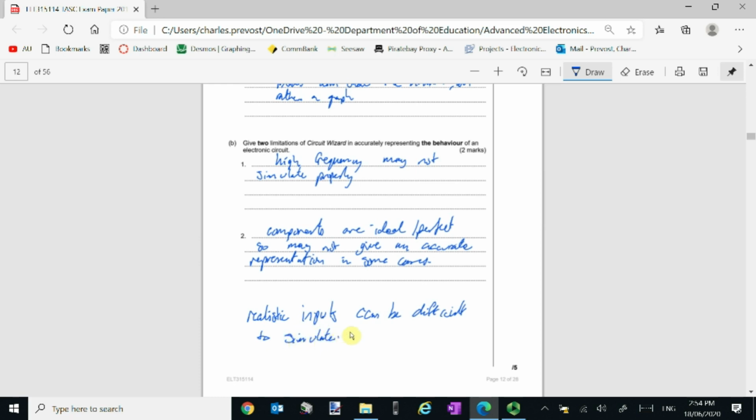So an example of this might be I've got an audio circuit for music, and I might want to simulate my amplifier circuit or my audio circuit. I can simulate that with signals of some sorts, but to actually put real music in is a bit difficult.